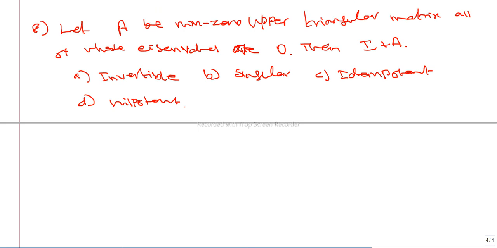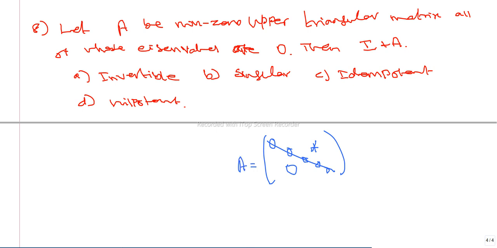Invertible, sir. Yeah, it should be invertible, because the matrix is given as upper triangular, therefore below the diagonal entries are 0, and in this case only the diagonal elements are eigenvalues, and it is given that the eigenvalues are 0, therefore the diagonal elements are also 0, and there are some non-zero elements above the diagonal.